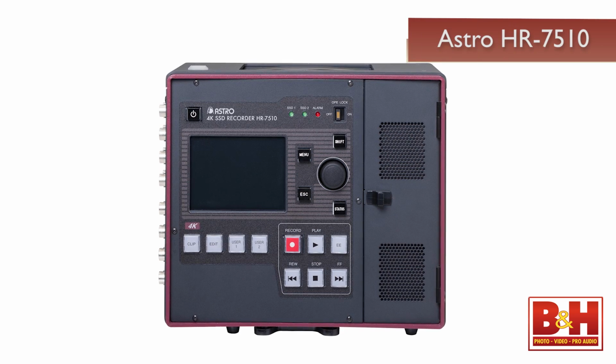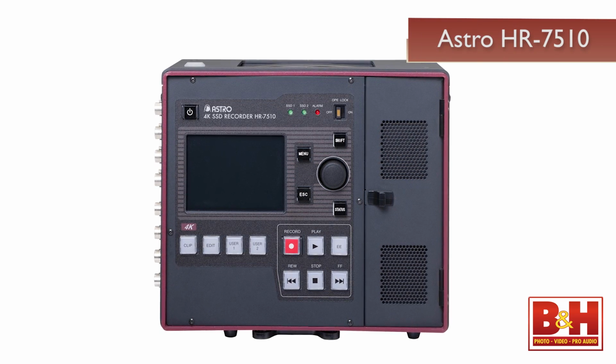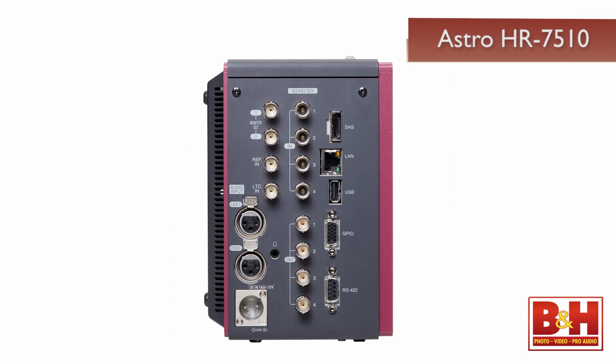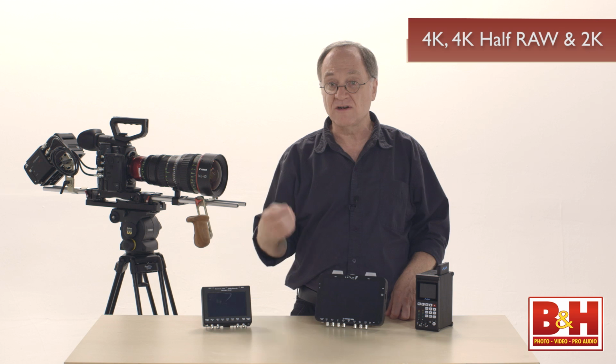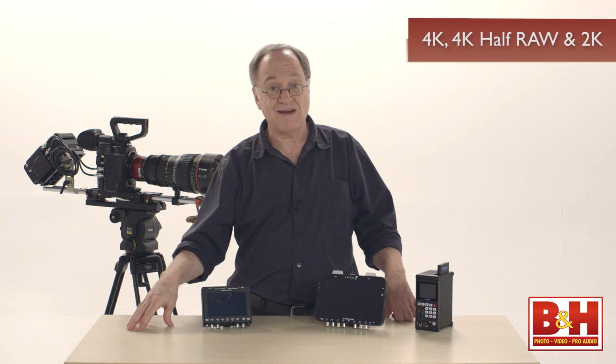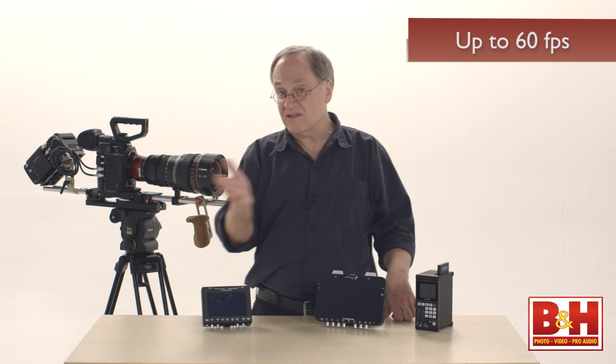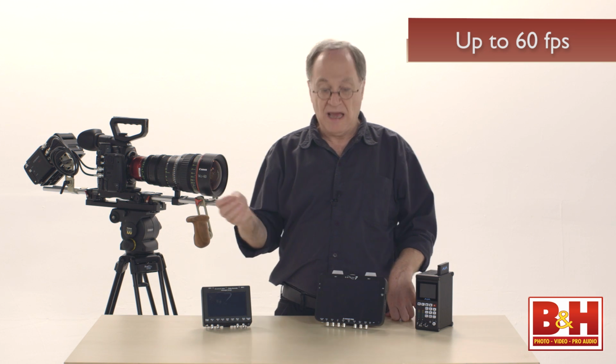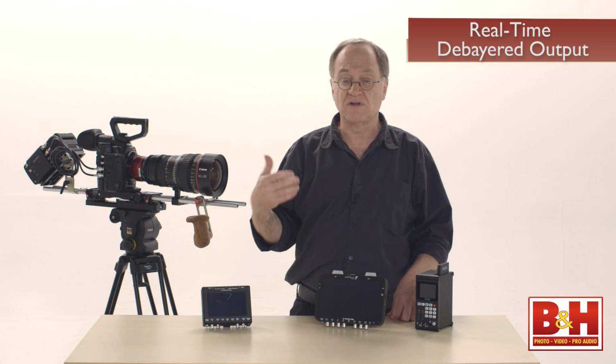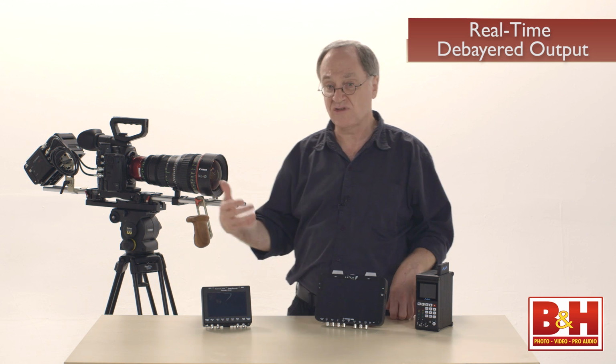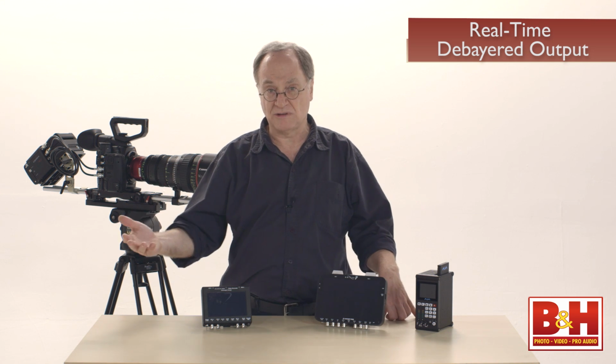Now, Astro has an HR7510 recorder. We don't have one of those here, but I can tell you that it records uncompressed 4K, 4K half RAW, and 2K up to 60p, 60 frames per second, and it also offers real-time debayered output. You can look at what you've just captured debayered in real time.